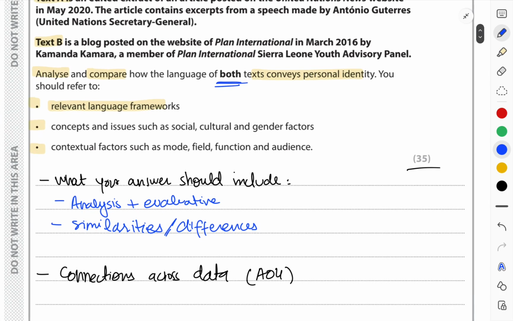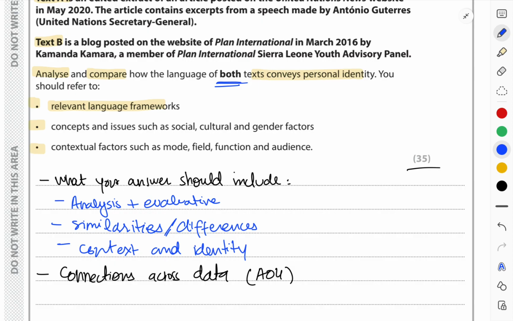And yes, you should definitely include clear points that you've made about the context of both texts and the identity of both texts. It's very important, because the name of the unit itself is Context and Identity. So this is something you need to be referring to every now and then in your answer.